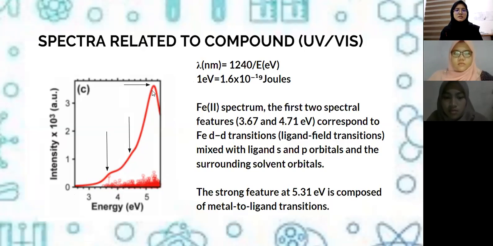Then there is a large increase in the peak at 5.31 electron volts, which is composed of metal to ligand transitions, because a metal to ligand transition is when the electron moves from the metal orbital to the anti-bonding ligand orbital. So there is a very high energy.